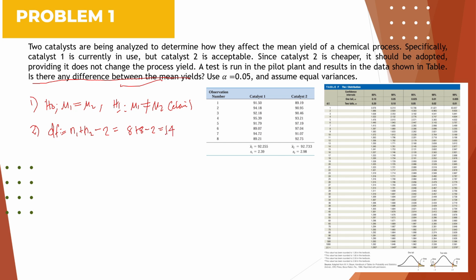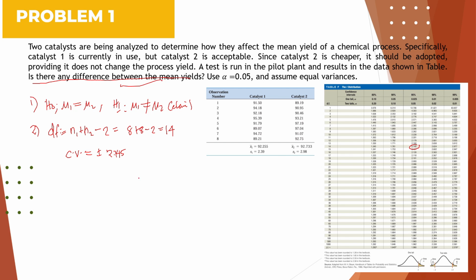So our degrees of freedom is 14, and you have to use a two-tailed test. Since this is two-tailed, our critical value is equal to positive and negative 2.145.